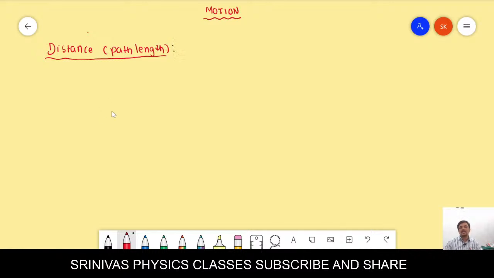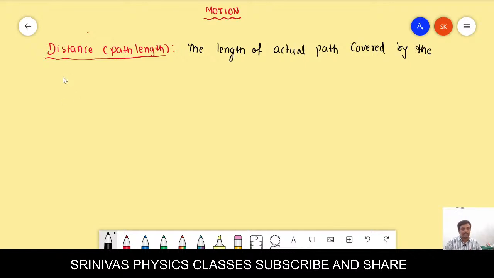Distance means the length of the actual path covered by the body. The definition is that the length of the actual path covered by the body is called distance.